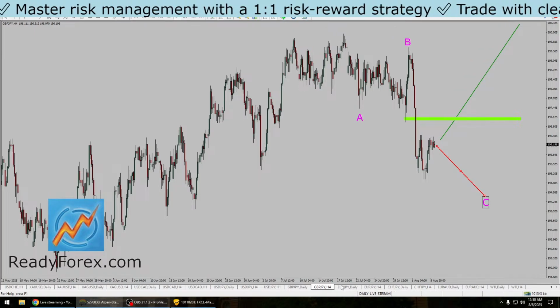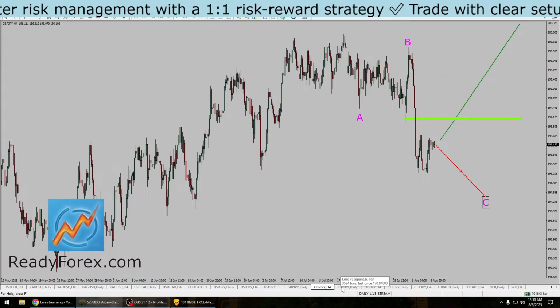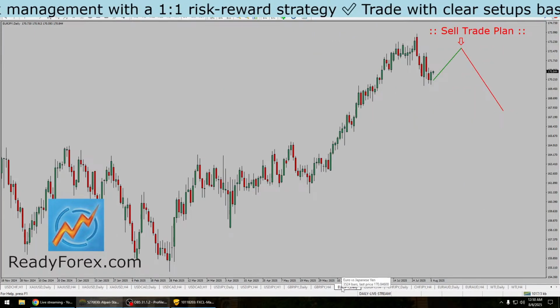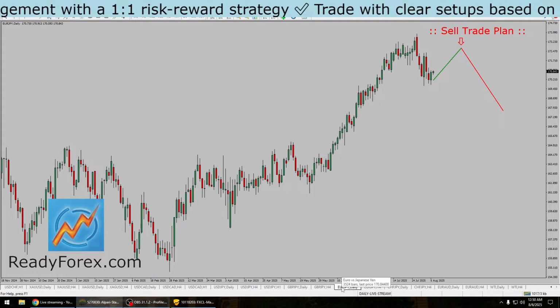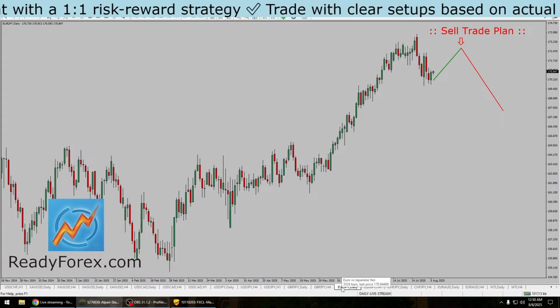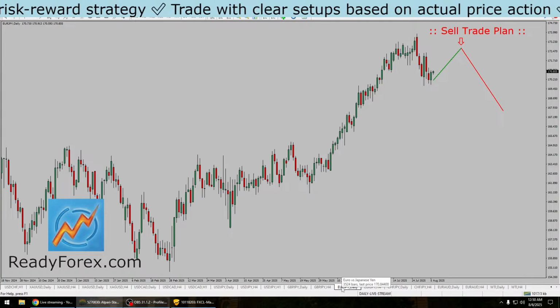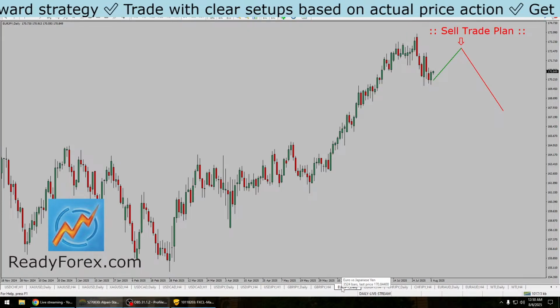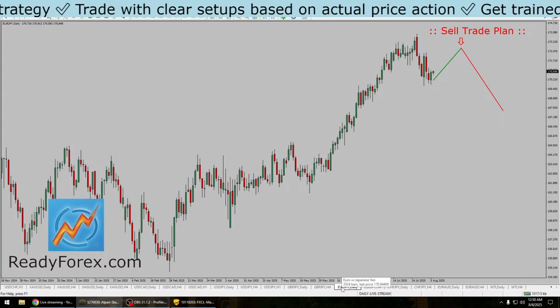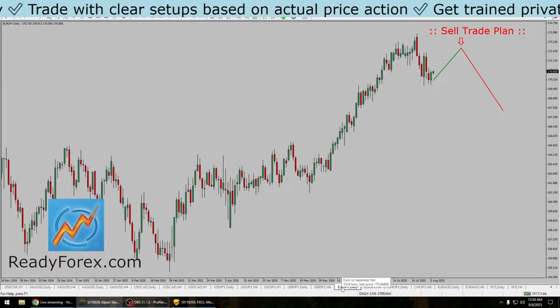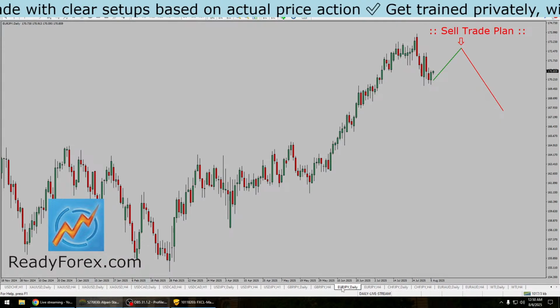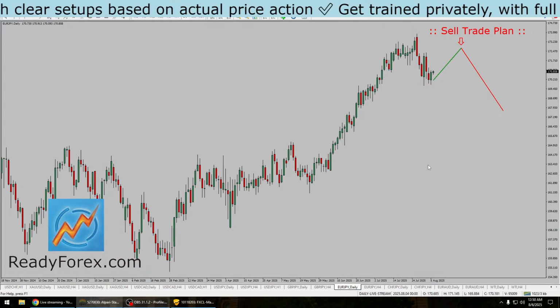Next one, let us take a look at the Euro Yen currency pair. So Euro JPY, I have a sell trade plan over here, and the way I see Euro Yen is most likely going to rise up over here. Okay, now this is a daily time frame that I talk about.